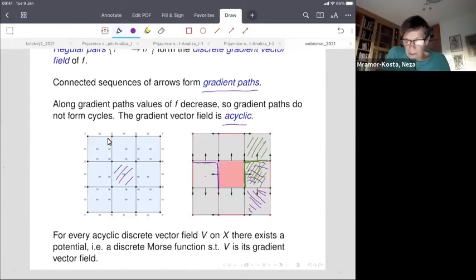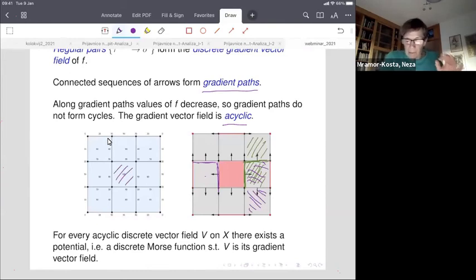The gradient paths between critical vertices, well, we don't really have gradient paths between critical vertices, because if you have a critical vertex, there is no arrow going out of there. But if you take a gradient path which starts, for example, in a critical edge, then you can go from there to... okay, I'm sorry, I'll start again.